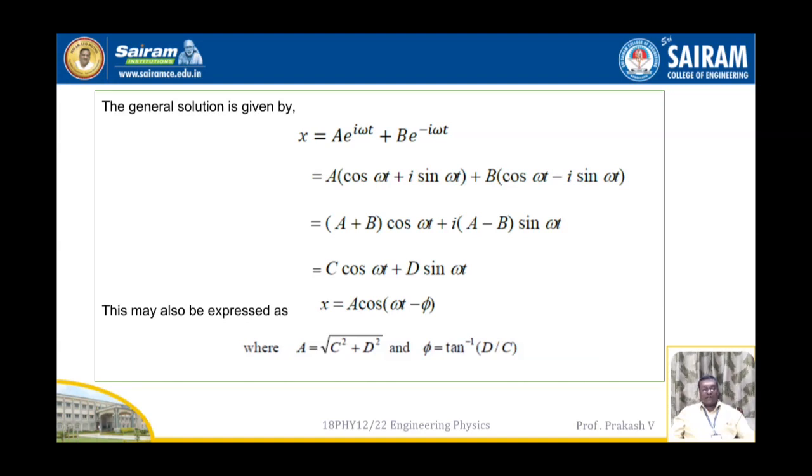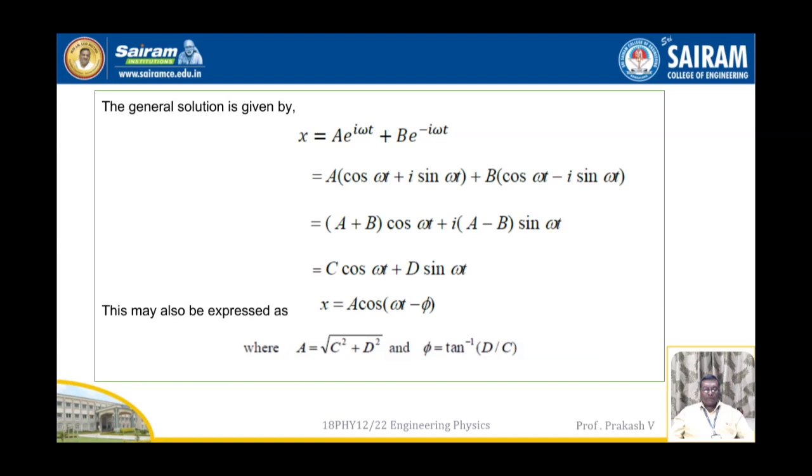This is the expanded form when we expand e to the power of i omega t and e to the power of minus i omega t. On simplification, we get another form: a plus b into cos omega t plus i into a minus b into sin omega t.